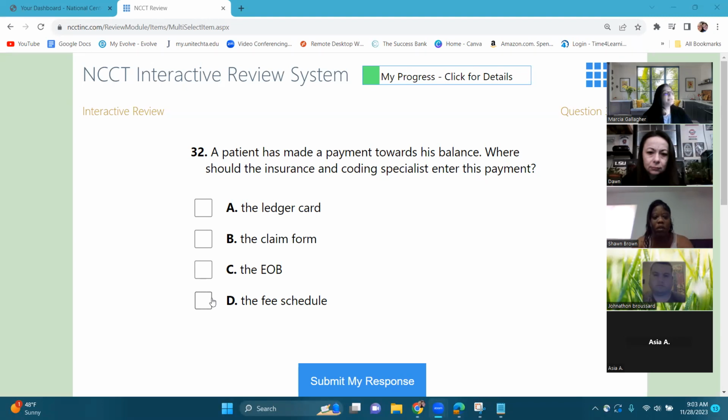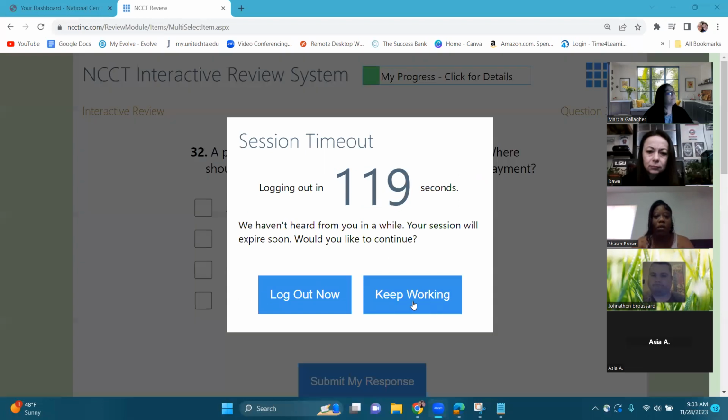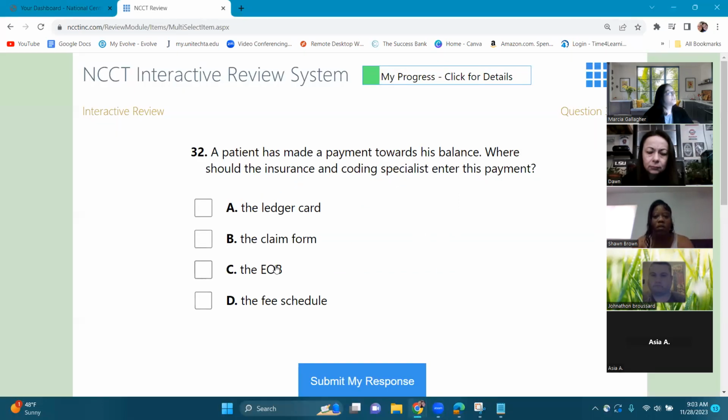Now, what is a fee schedule? A fee schedule is a predetermined list of fees that the doctor and the third-party payer, the insurance, sign a contract on, saying what the doctor is allowed to charge or what he's going to be reimbursed. So no. The EOB, the explanation of benefits.